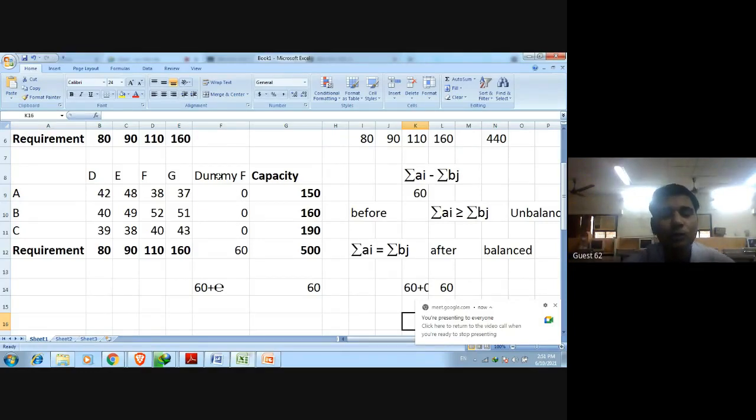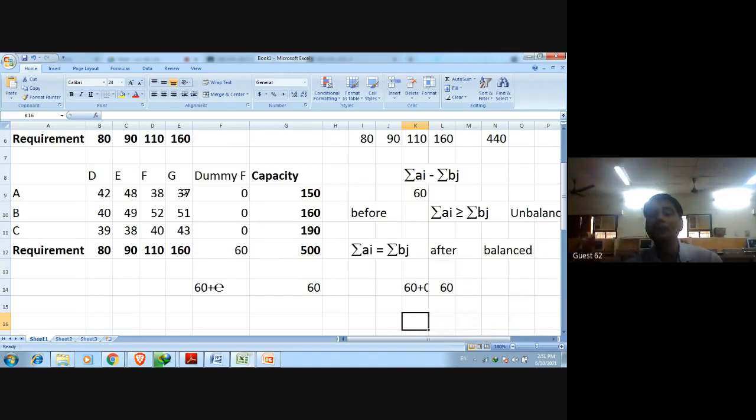So we will assign this epsilon or small quantity by looking at the per unit shipping cost. Let us see which one is minimum, that is 37. If this cell is not occupied, then we will assign a small quantity on that particular cell. If it is already allocated, then we will see another smallest per unit shipping cost.